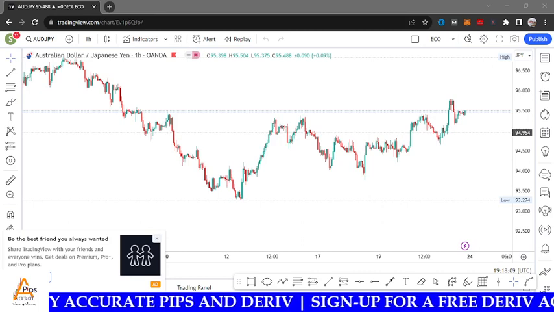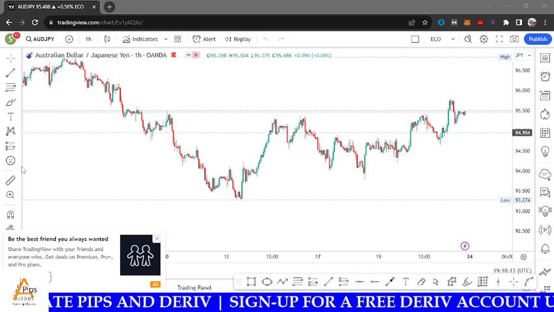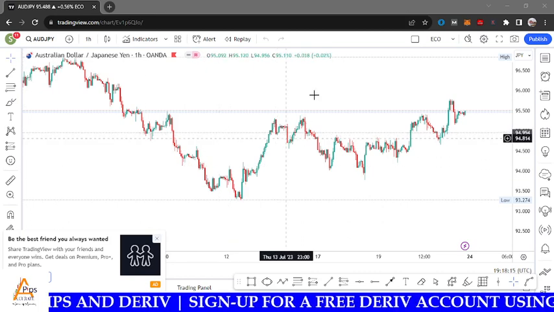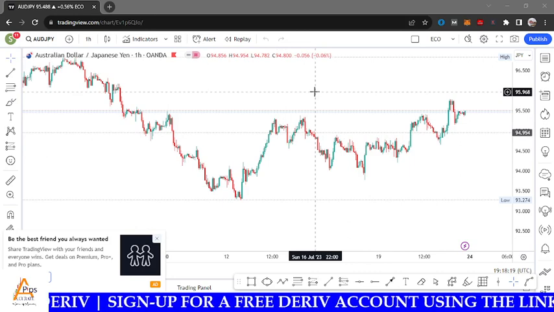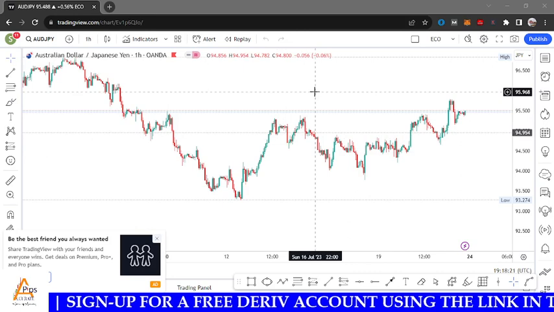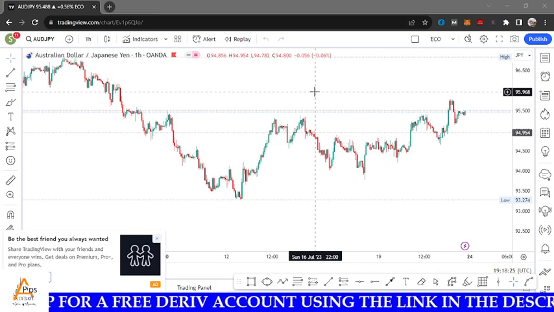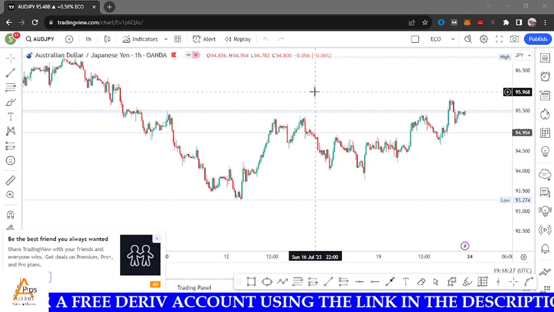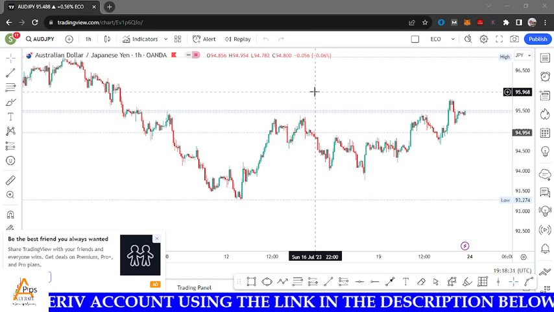So within valid pullbacks, there are areas we refer to as the last buying momentum before the sell, and the last selling momentum before the buy. And these are areas you'll be marking your order flows from.